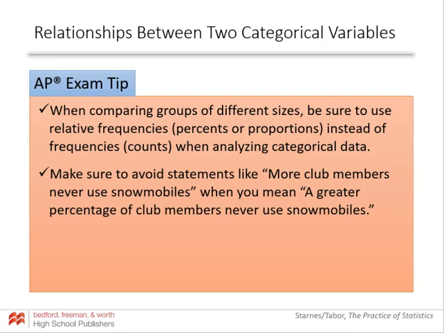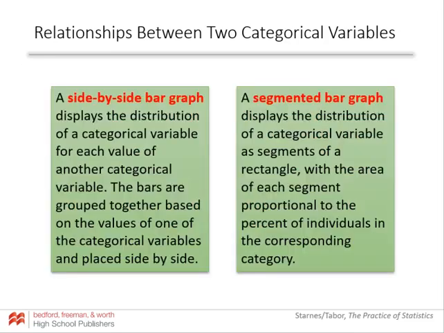That's referring to a count, but we're actually looking at a percentage. So we want to say a greater percentage of club members never use snowmobiles. When we're talking about FRQs and they get picky, that language is going to be super important.